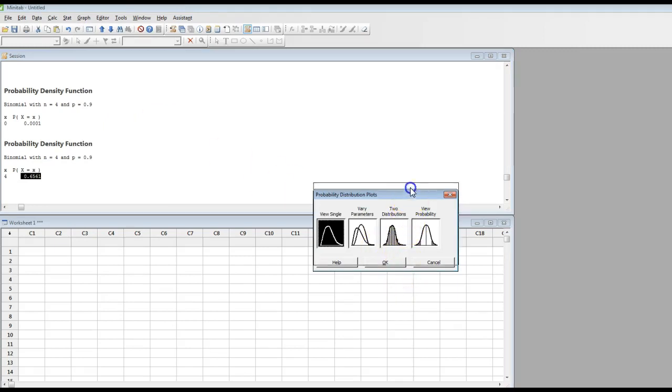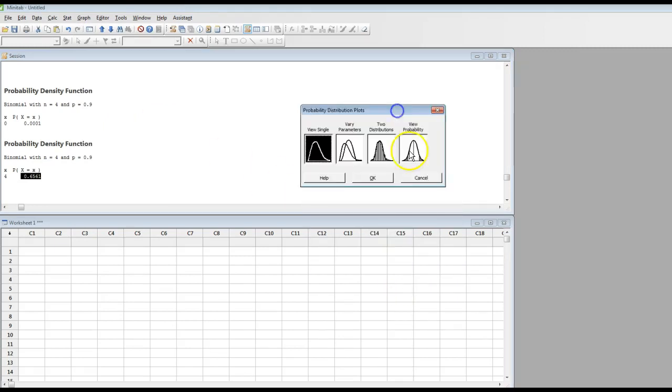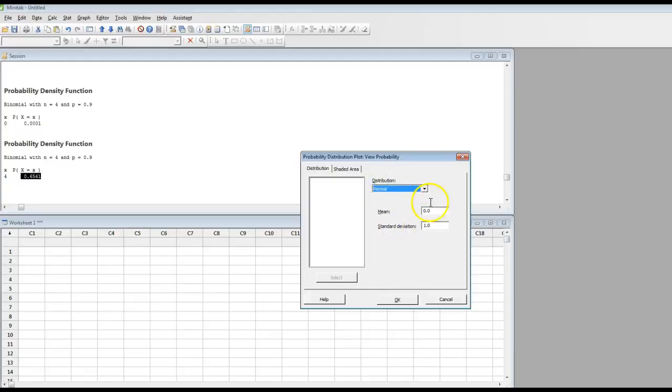Since I want to get a color, I'm going to choose view probability. Okay. And notice the distribution has to be changed to the binomial. It's defaulting to the normal, but binomial, B, is way up in the alphabetical order.